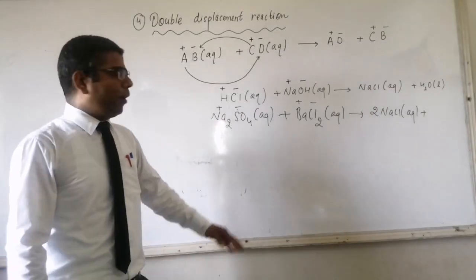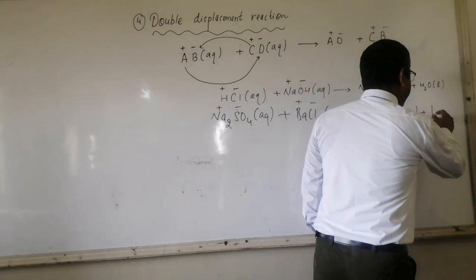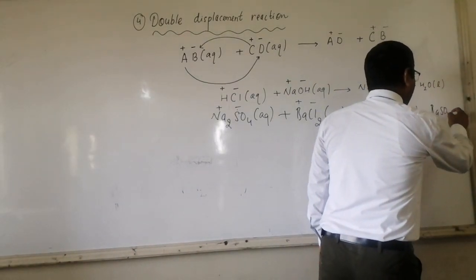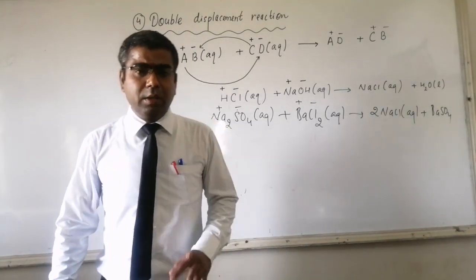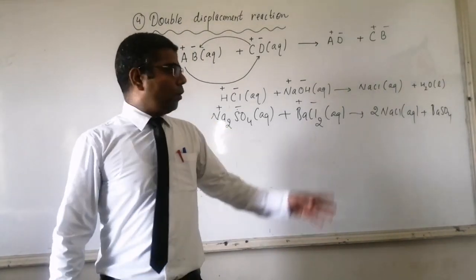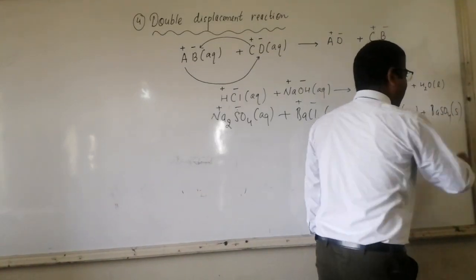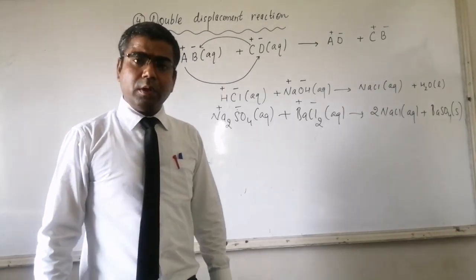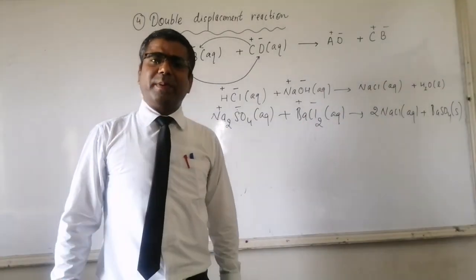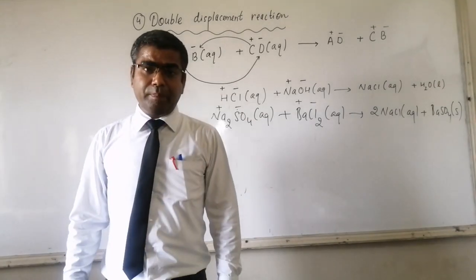But the second compound formed, that is Ba with sulfate, gives you barium sulfate, BaSO4. It is a white color solid and insoluble in water. So BaSO4 will be deposited in the form of solid at the bottom of the container or beaker or test tube. So barium sulfate forms the precipitate. So it is an example of precipitation reaction.